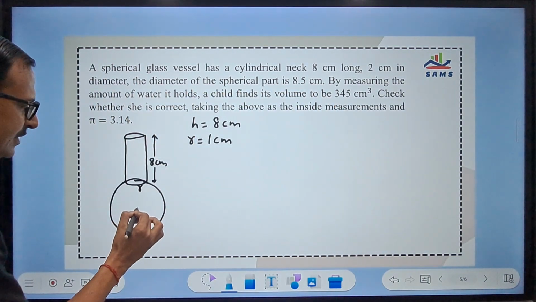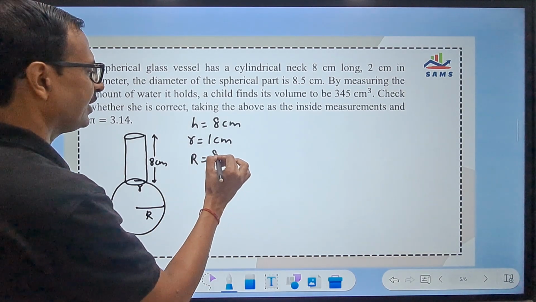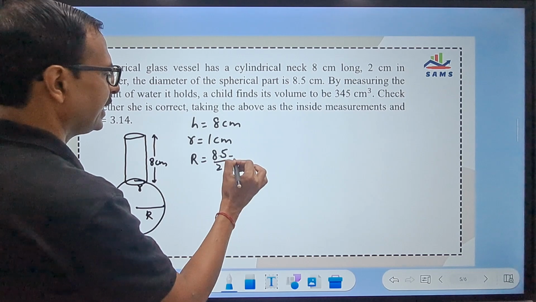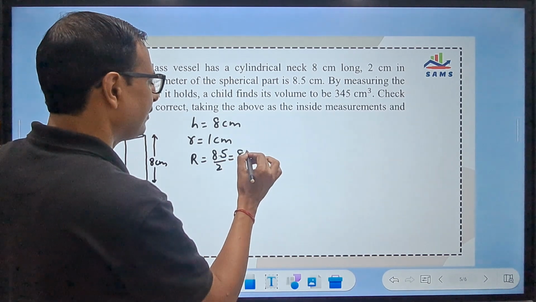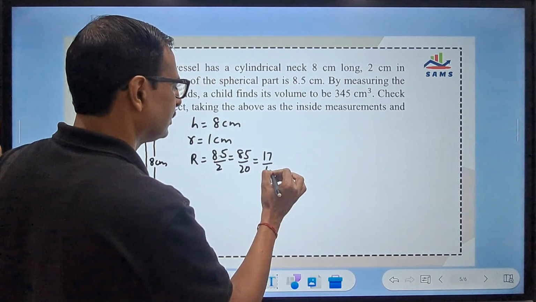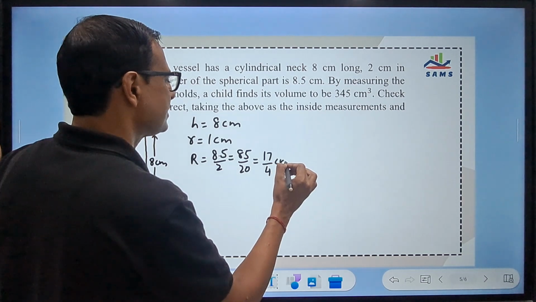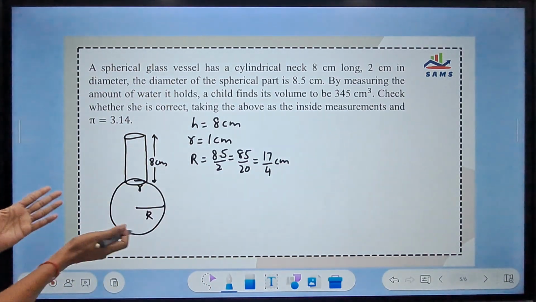So this radius, capital R, is 8.5 upon 2. That is 85 upon 20, which is 17 upon 4. Right? I cancel the common factor out. So this is in centimeters.